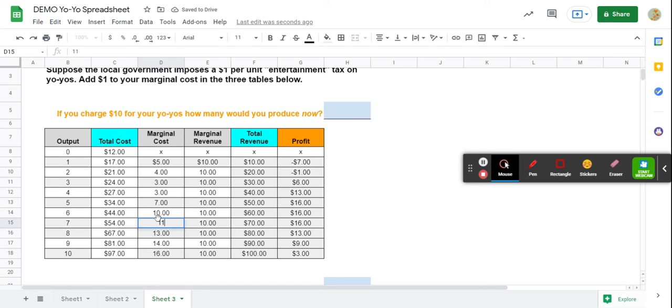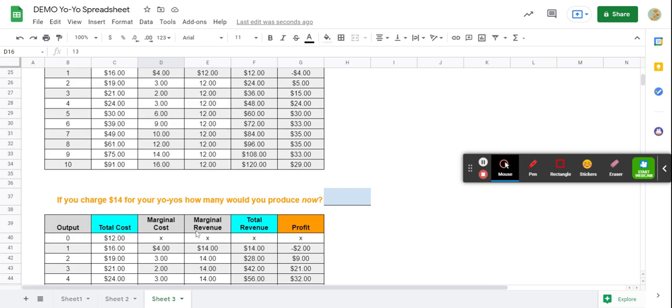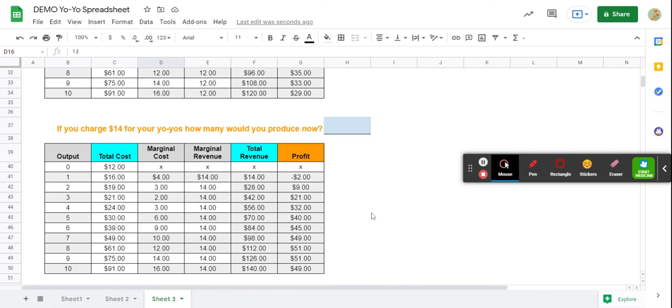Right, that should be 11, my goodness. So you're going to get to a point where your marginal costs exceed your marginal revenue when you produce 7 yo-yos. So what's going to happen is now you're only going to be willing to produce 6 yo-yos at that point. So you're going to scale back on your production.